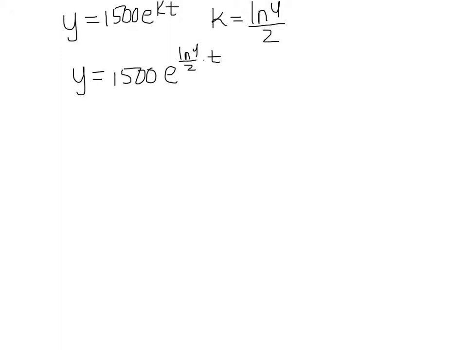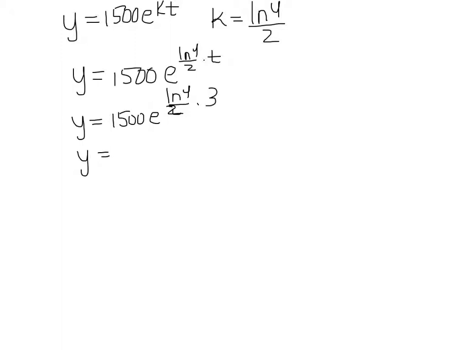So if I can find out how much y is at t equals 3, I can tell you how much it's changed since its initial inception at 1,500. So I need to do 1,500 e to the natural log of 4 over 2, times 3. We've got to solve for y.